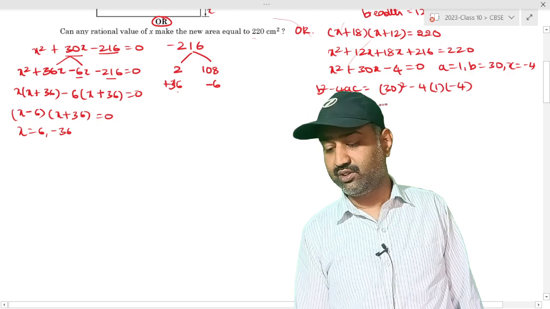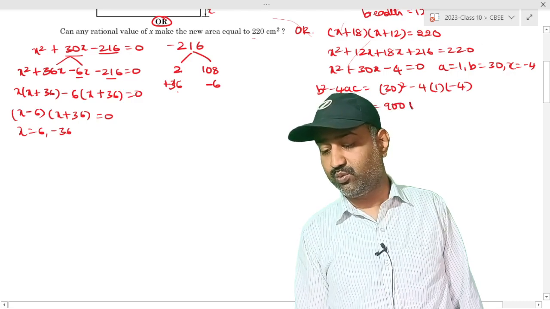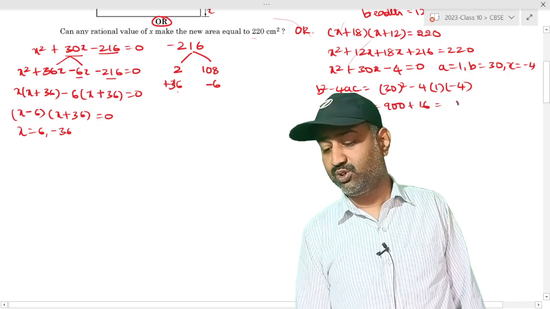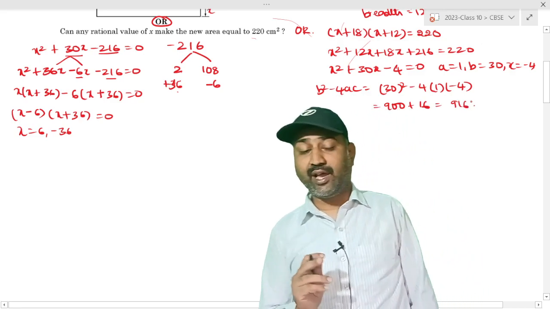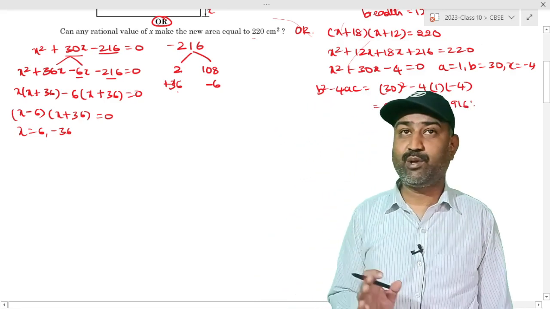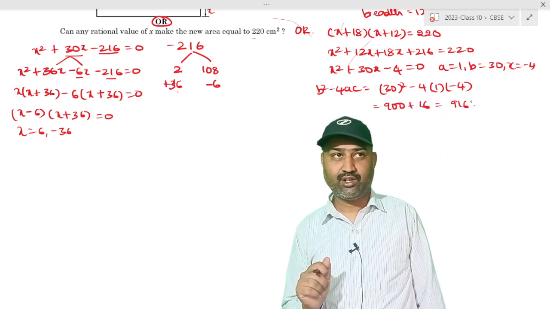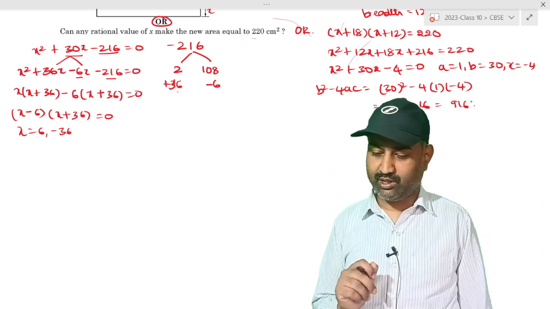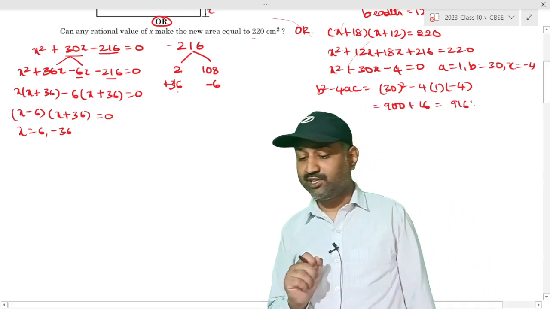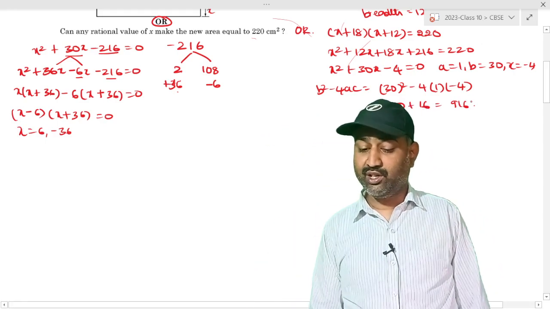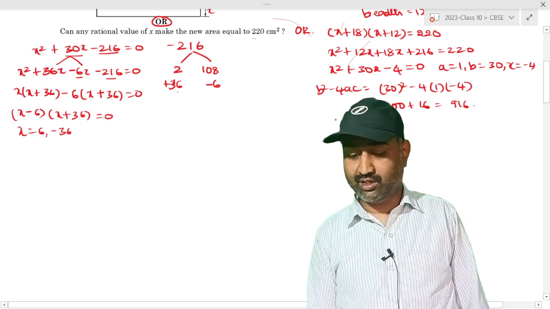It is 900 plus 16 is equal to 916. To have a rational value, the b square minus 4ac should be a perfect square. But since 916 is not a perfect square, therefore we do not have any rational value of x.